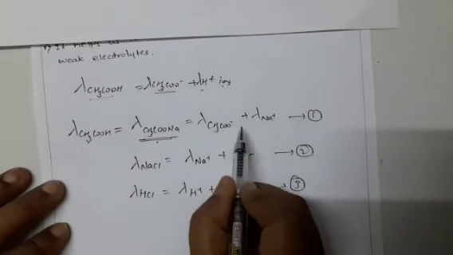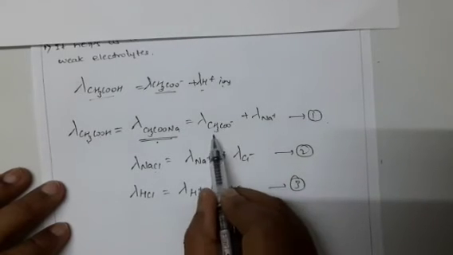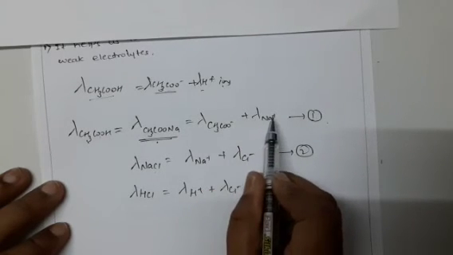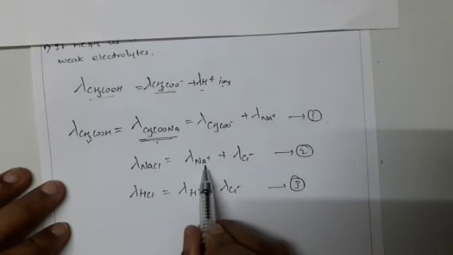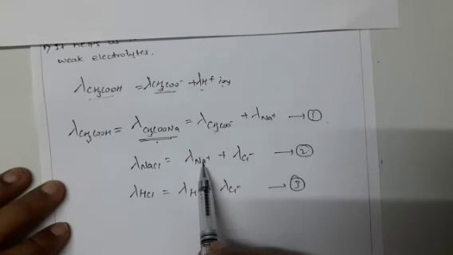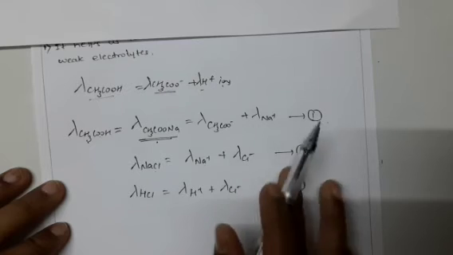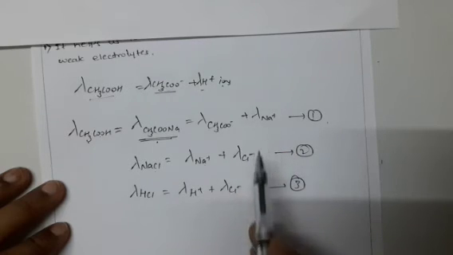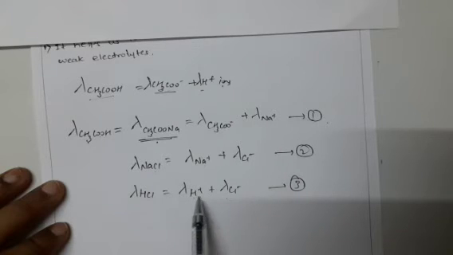This first equation has CH3COO minus and Na plus. Take the first and second equation: Na is common in both, so we don't take this pair. Let's see the first and third equation: CH3COO minus, Na plus, and H plus, Cl minus.